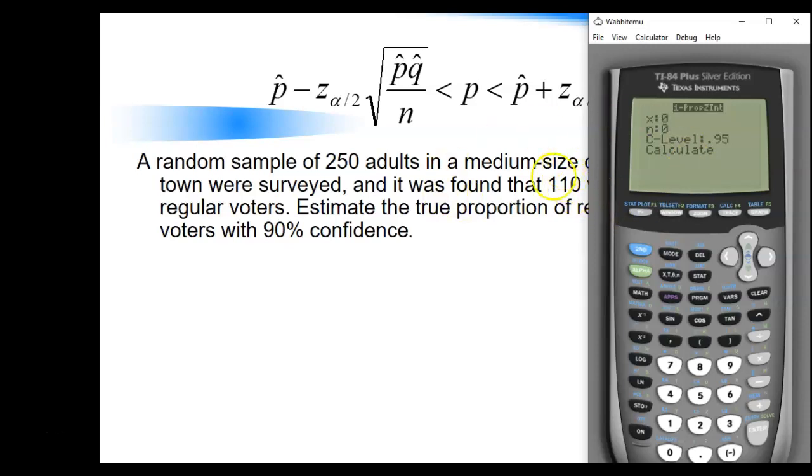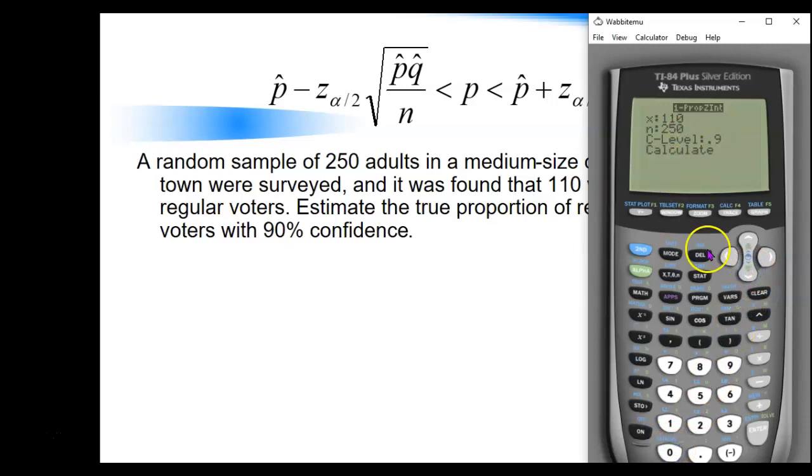So in this example, it was 110 out of 250. So x would be 110, n would be 250, and the confidence level is 90%, so that would be 0.90.